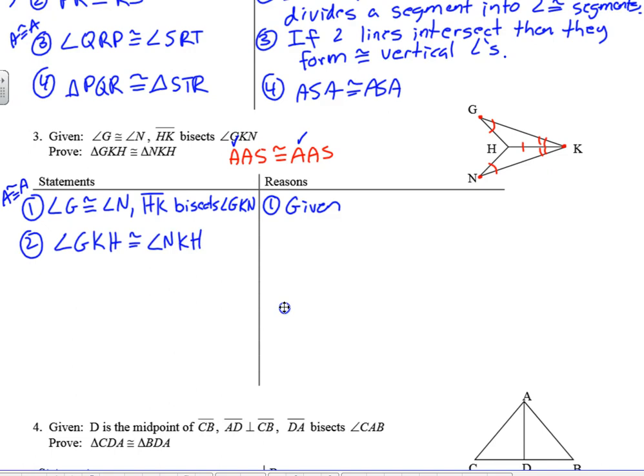If you draw it on the diagram, that's fine to do. All right, so if you look on your proof terminology sheet, you look at the segment or the angle bisector one. It's if a segment bisects an angle, then it divides it into two congruent angles.